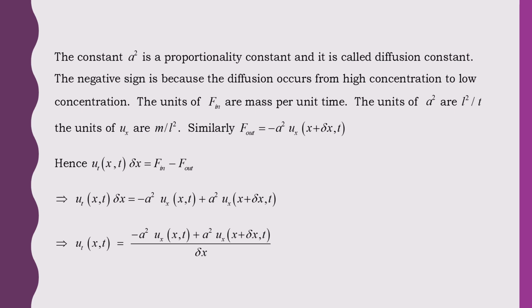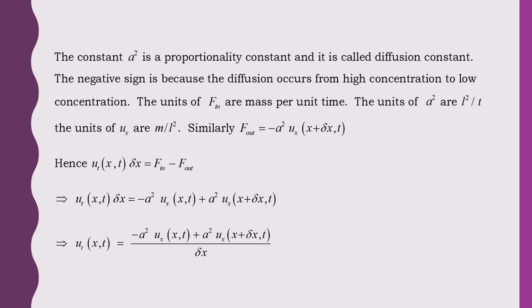If we divide with delta x on both sides, we obtain u sub t of x comma t equals a square times u x of x plus delta x comma t minus u x of x comma t upon delta x.